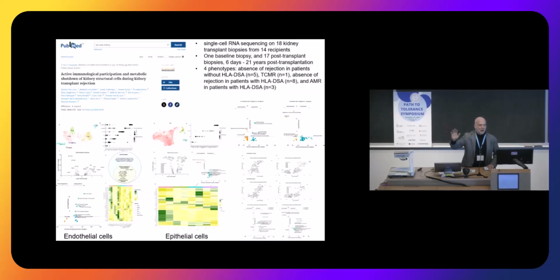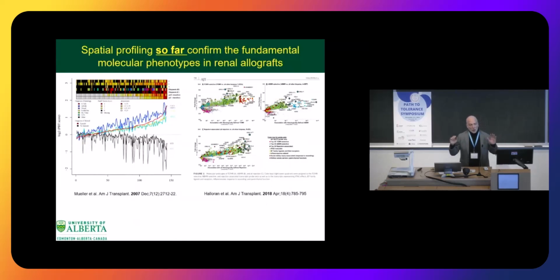We focus on the glomeruli for transplant glomerulopathy, but how do we preserve nephrons as a major function in the kidney graft? So in summary, so far, these technologies confirmed at the cellular and spatial level these fundamental relationships we assumed even 30 years ago, saying, okay, interstitial infiltrate and tubulitis, that's not good for the nephron.